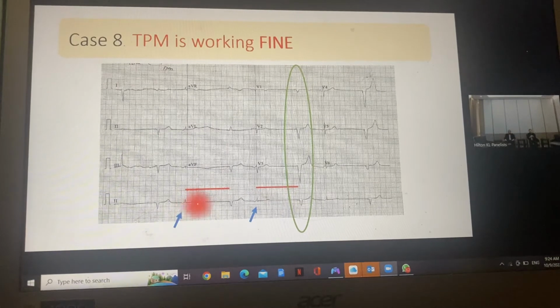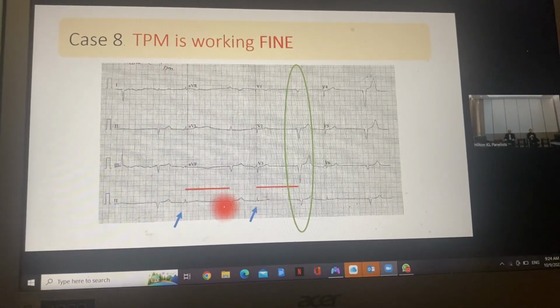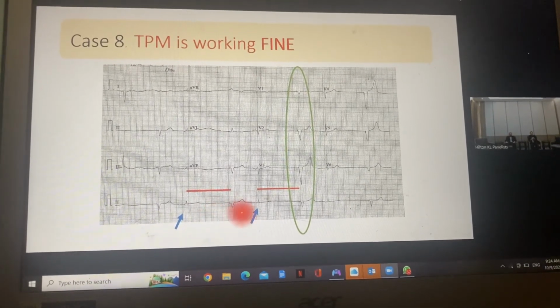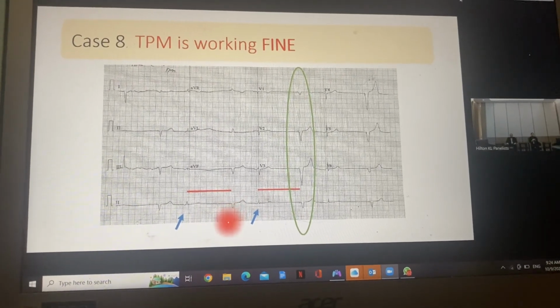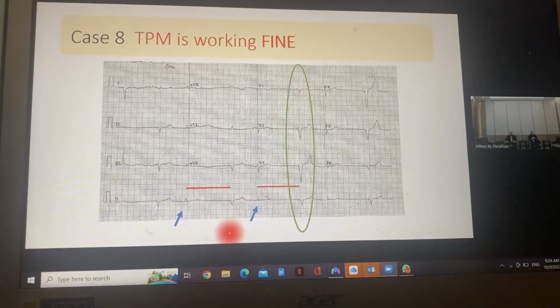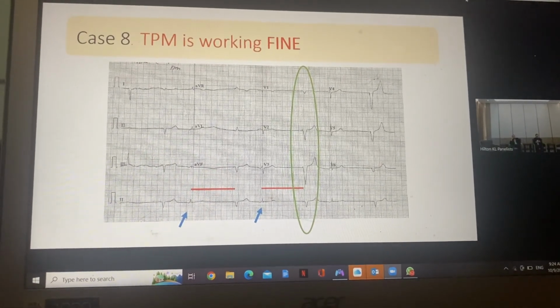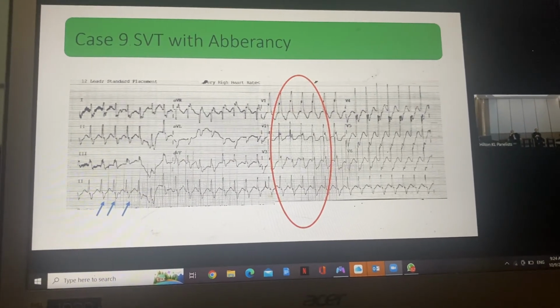But after a rate of 40, it detects there's nothing there, so it paces the right ventricle, and that's why we can see the paced beat. For the pacing beat, we expect an inferior axis because the TPM is at the apex. So case number 9, the answer will be SVT with aberrancy.